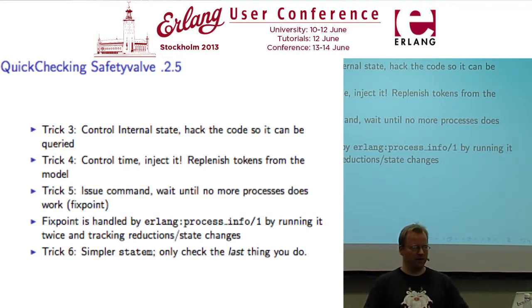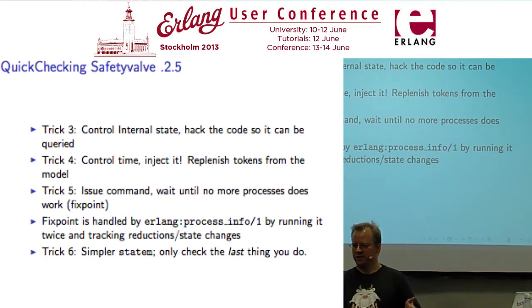What I do is I issue my commands and then I wait for a fixed point. Basically, I look at process info for certain processes and make sure that they're all sleeping, blocked on receives, and not doing anything. I track all the reduction counters for those processes, and then I check again that the reduction counters did not bump in the meantime. And if they bump, I'm not at the fixed point, so I keep on running until I hit the fixed point. That's the basic idea.